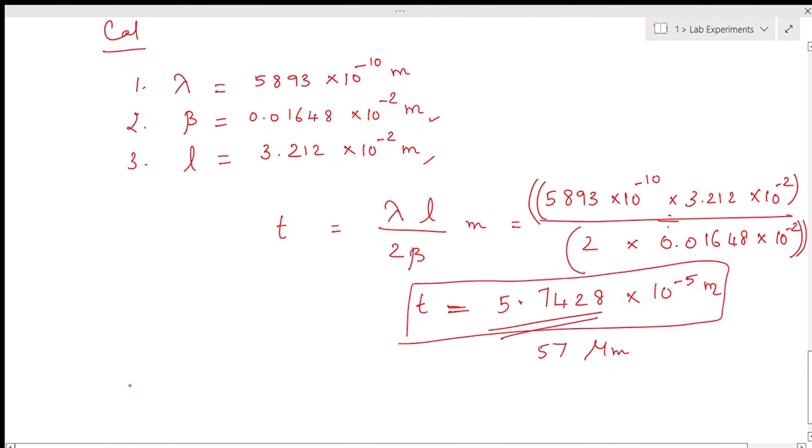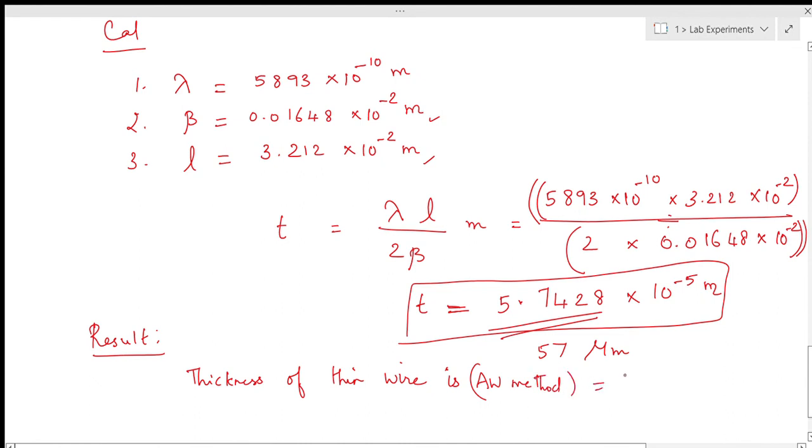So the result is, the thickness of the given thin specimen wire is determined using the air wedge method as T is equal to 5.7428 into 10 power minus 5 meters. Use the calculator properly, you will get the exact value for your readings. Thank you.